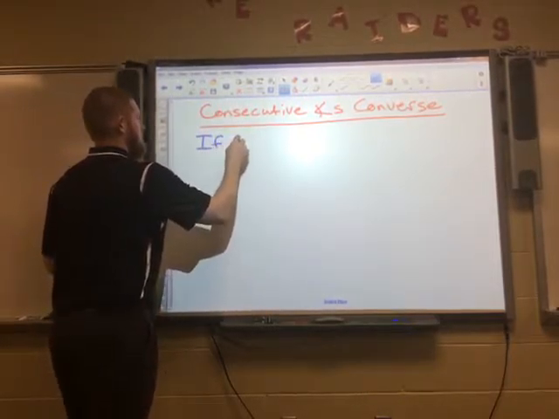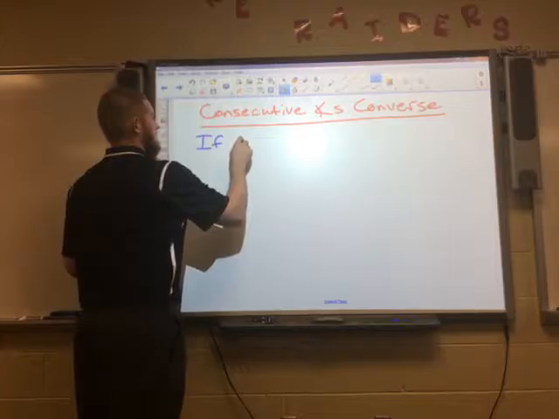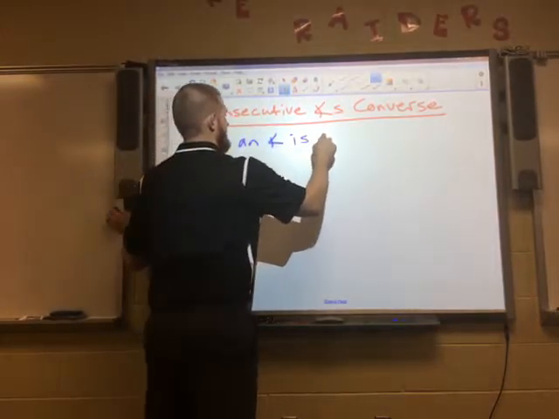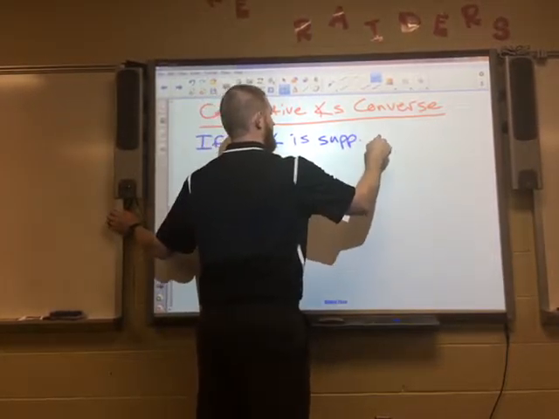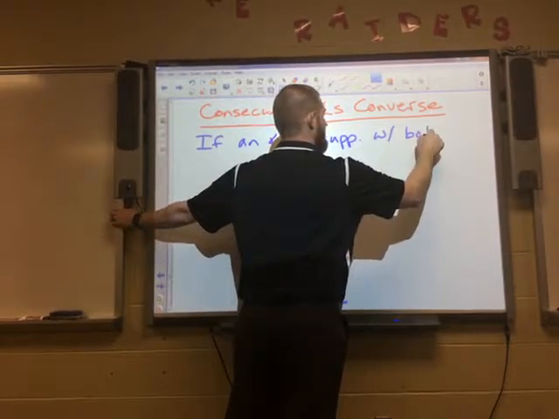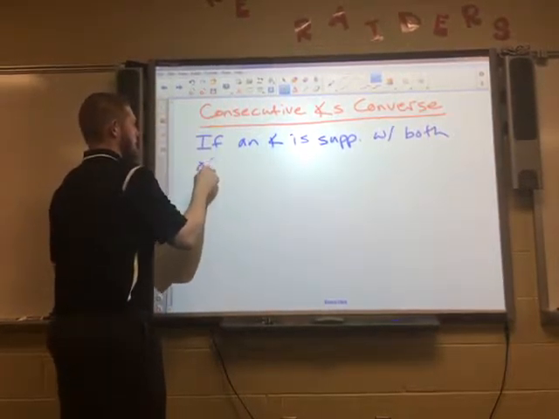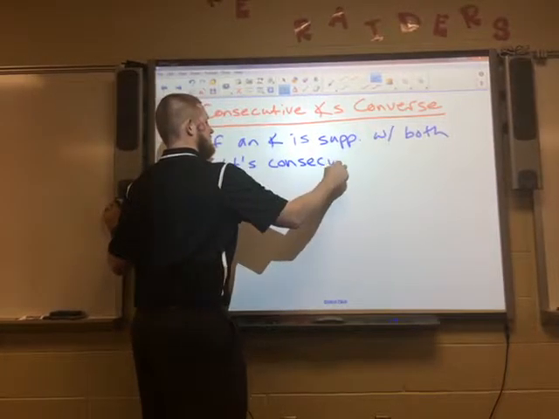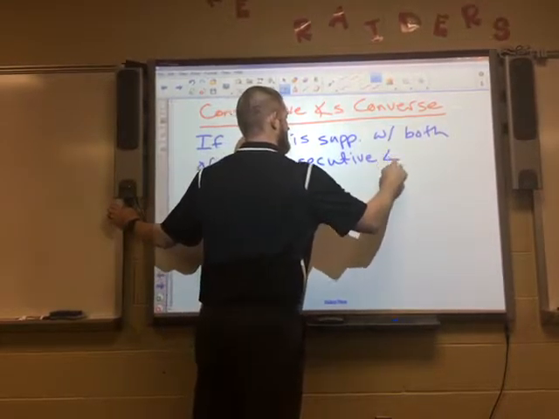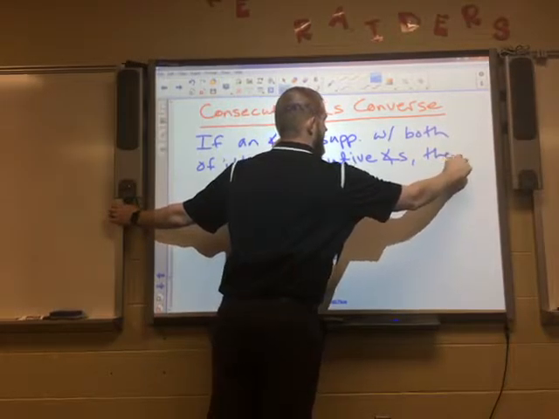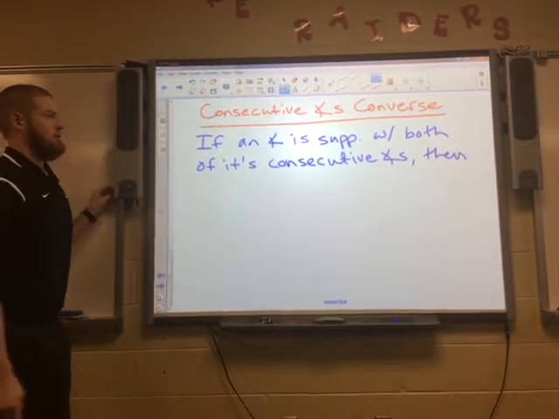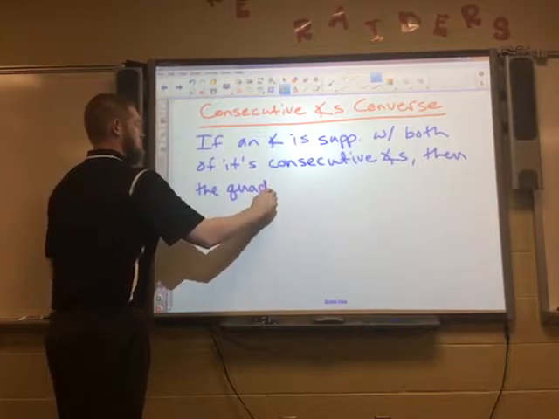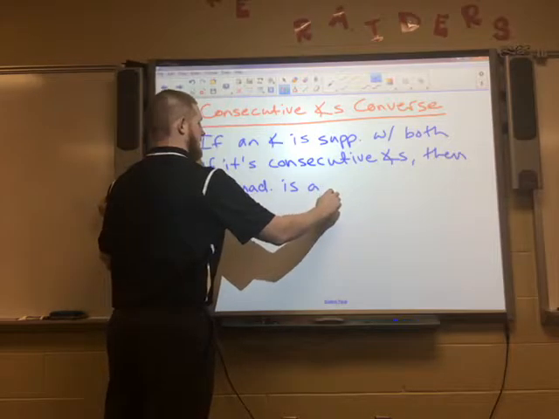If an angle is supplementary with both of its consecutive angles, then the quadrilateral is a parallelogram.